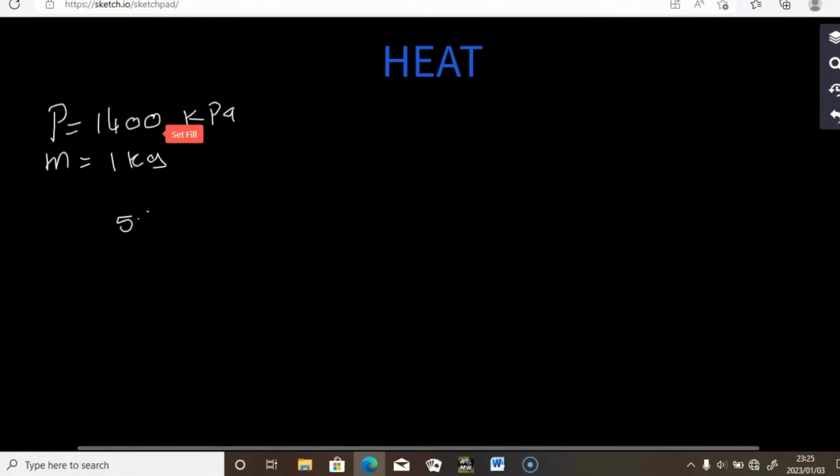So 5.3.1: h wet is equal to hf plus x hfg. We go to the steam table and look for the value of hf. According to what I got, the value of hf is 830.